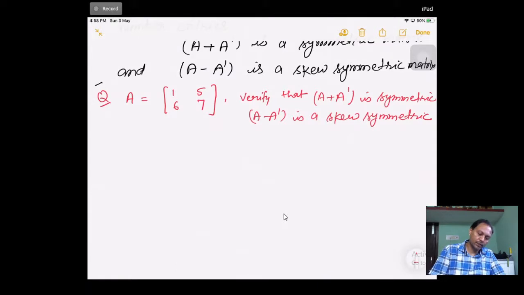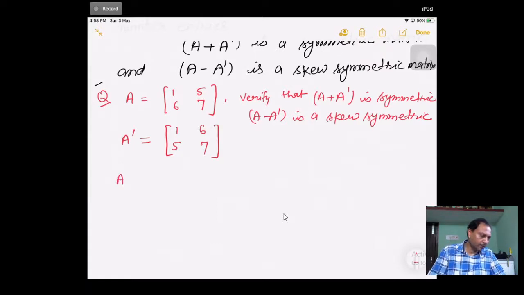In both cases, first of all, we have to find the transpose of A. Change the rows and columns, interchange. The first row will become the first column, the second row the second column. This is the transpose of A.